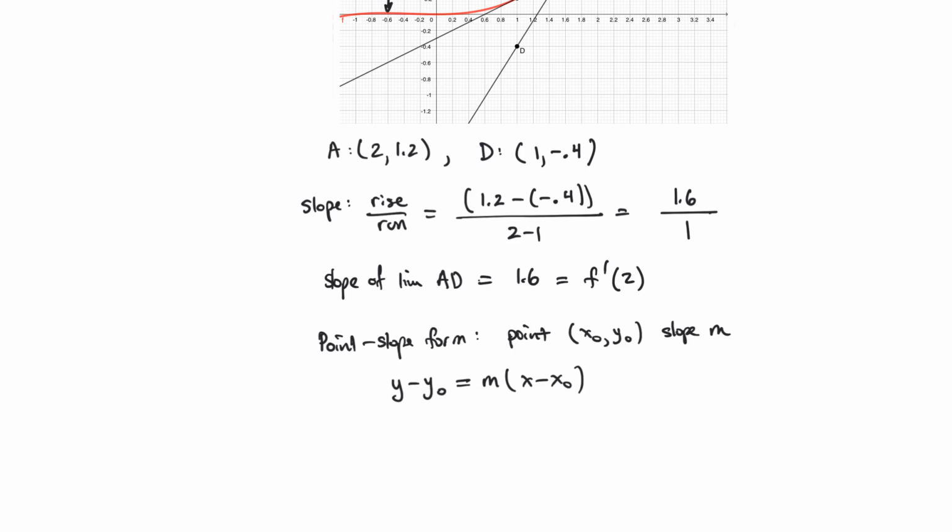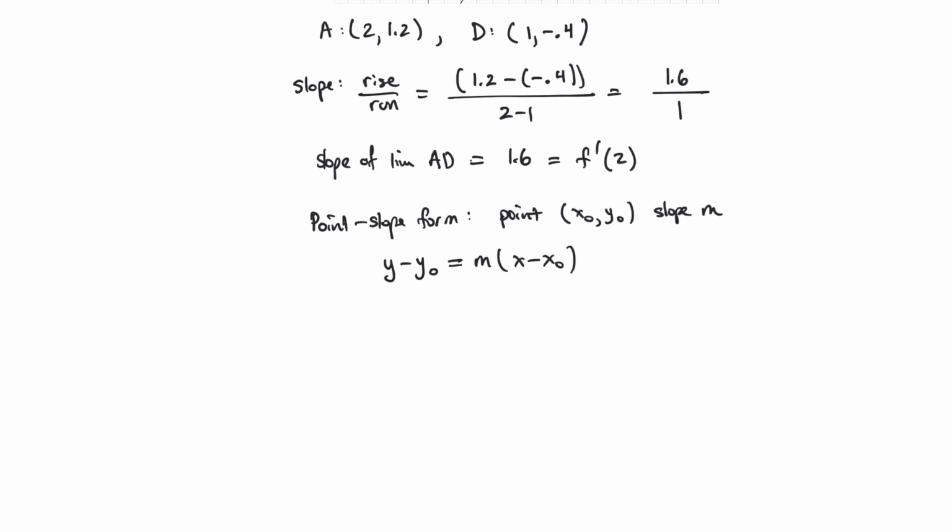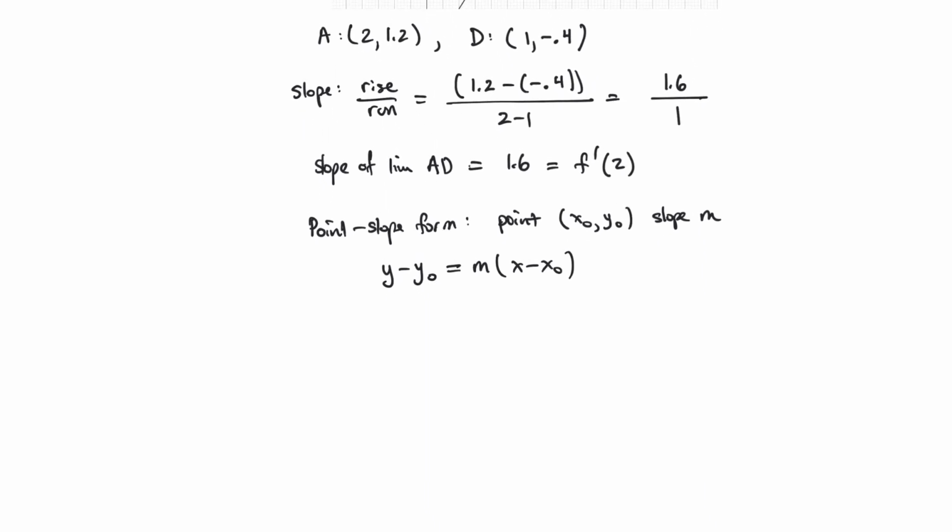So if we return to the specific line that we're interested in, it has 2 points that we know, the point A and the point D. I'm going to use the point A here because that's the point of tangency. So the point is 2 comma 1.2, and the slope that we just found a minute ago was 1.6.